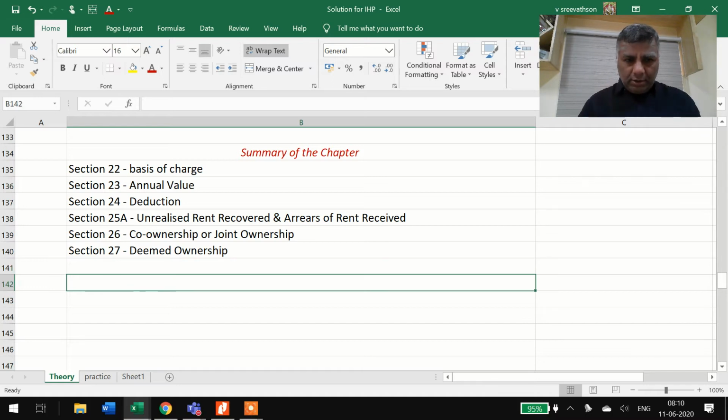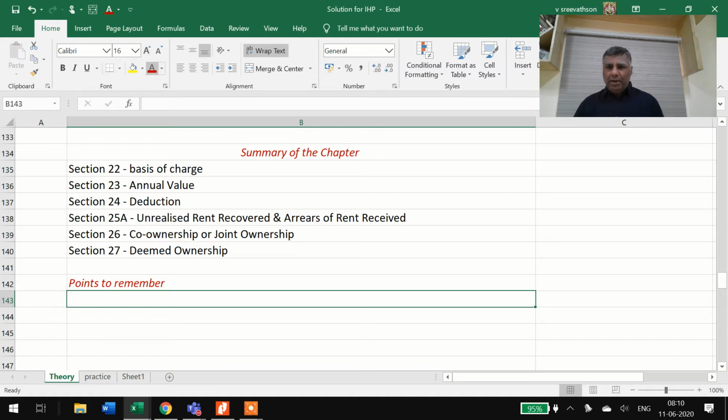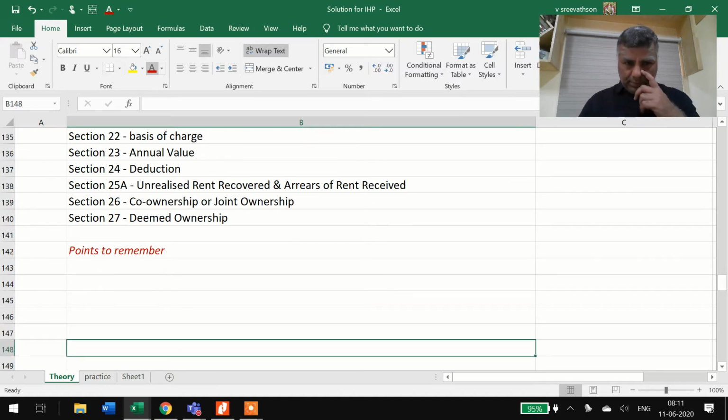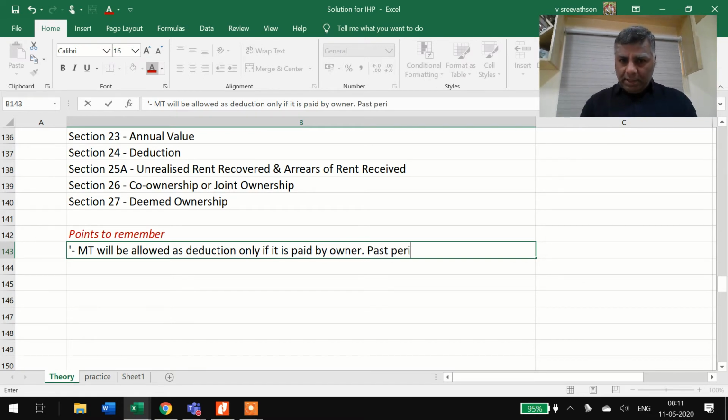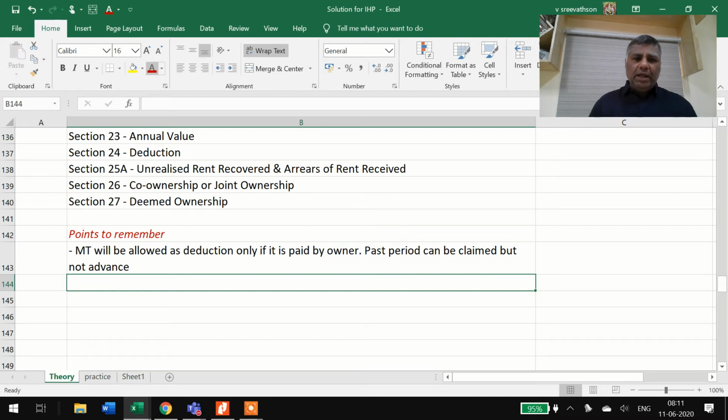Now, points to remember. MT, which stands for municipal taxes, will be allowed as deduction only if it is paid by the owner.